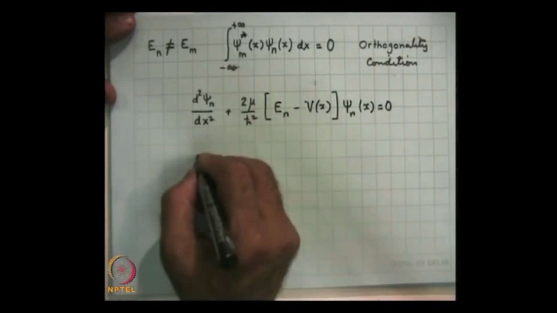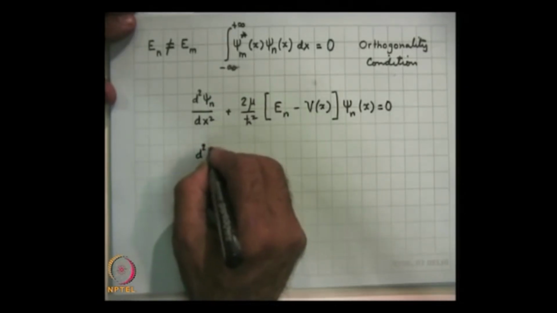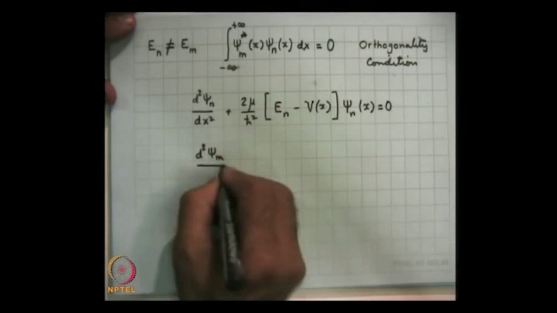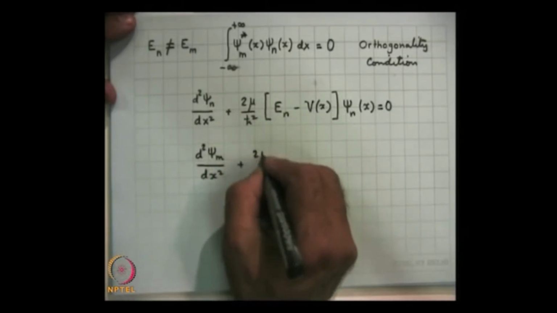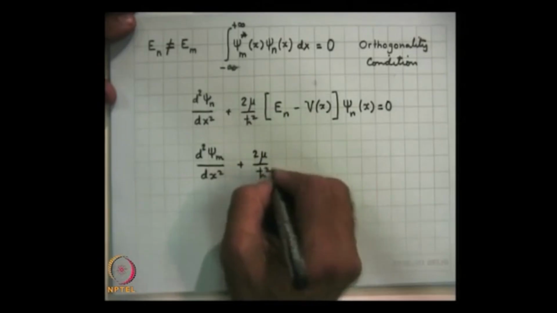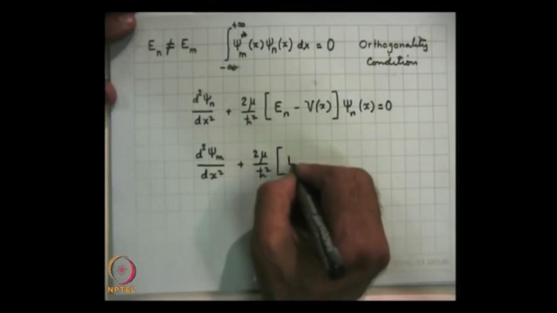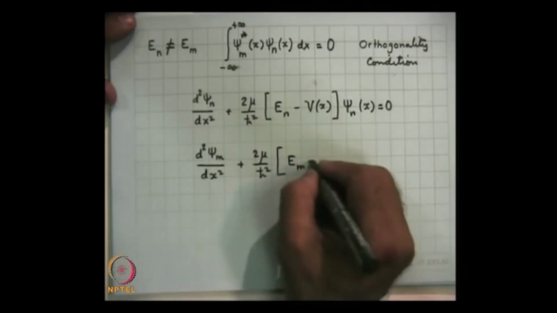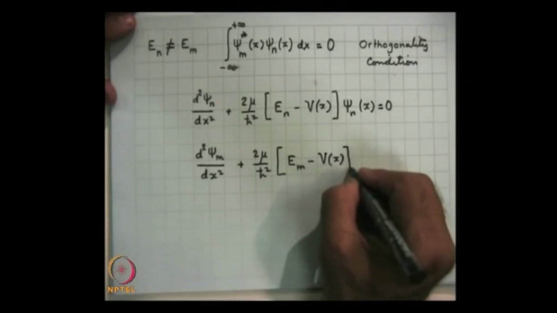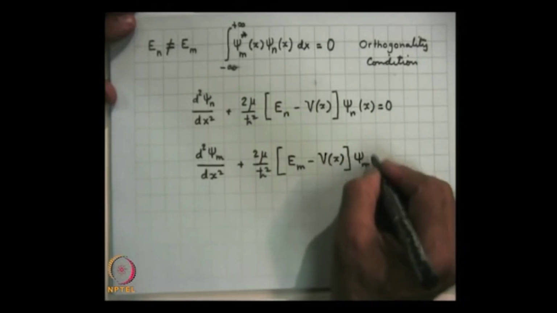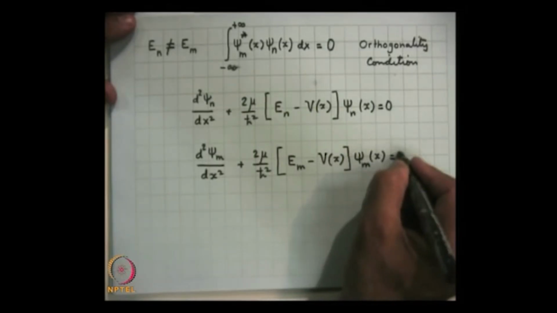Then I write for the mth state: d2 psi m by dx square plus 2 mu by h cross square, E m minus v of x, psi m of x is equal to 0.